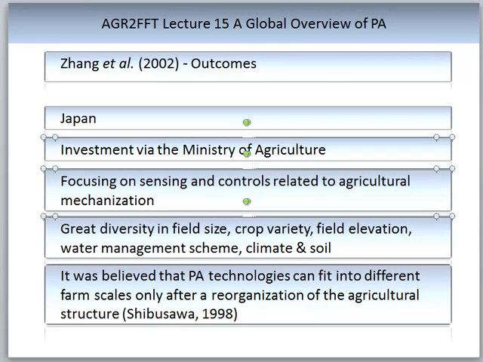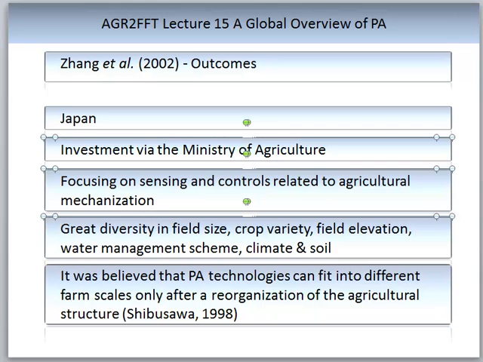In Japan, there has recently been investment via the Ministry of Agriculture. This is focusing on sensing and controls related to agricultural mechanisms. Japanese agriculture suffers from great diversity in field size, crop variability, field elevation, water management schemes, climate and soil.